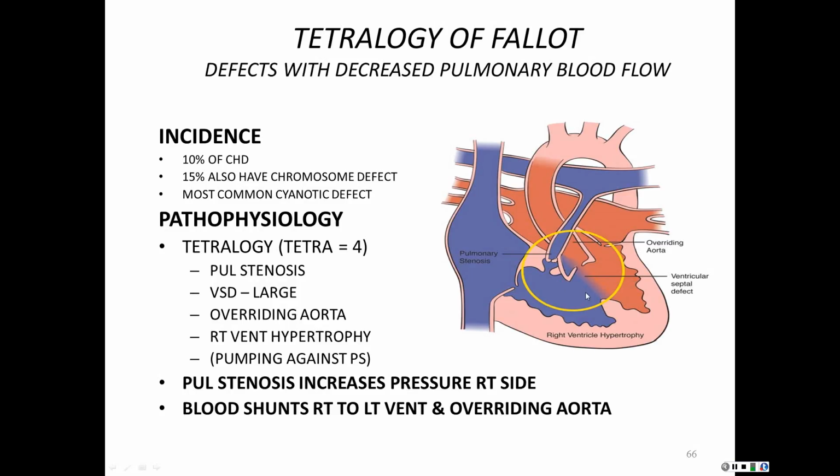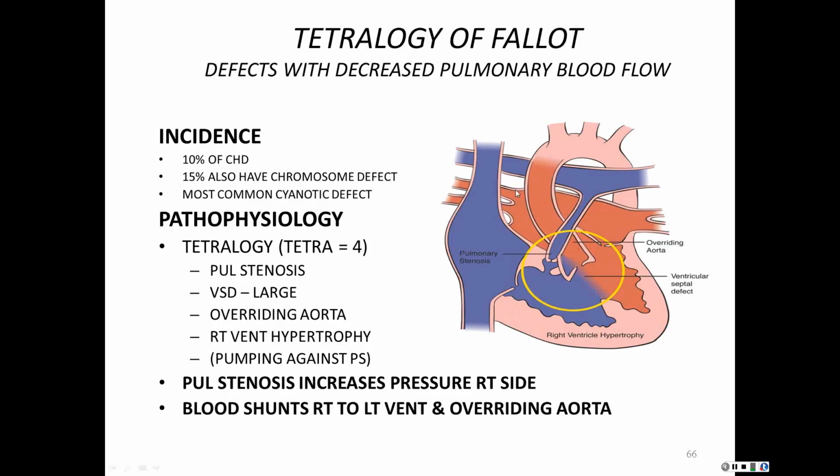So as blood is pumping, mixed blood is moving out. We're seeing a mixture of the right and the left, the mixed blood moving into the systemic circulation. That's why this is called a cyanotic process, because these children do have cyanosis because of the mixing of the unoxygenated and oxygenated blood. Then we see right ventricular hypertrophy, as this right ventricle is having to pump against the stenotic area.